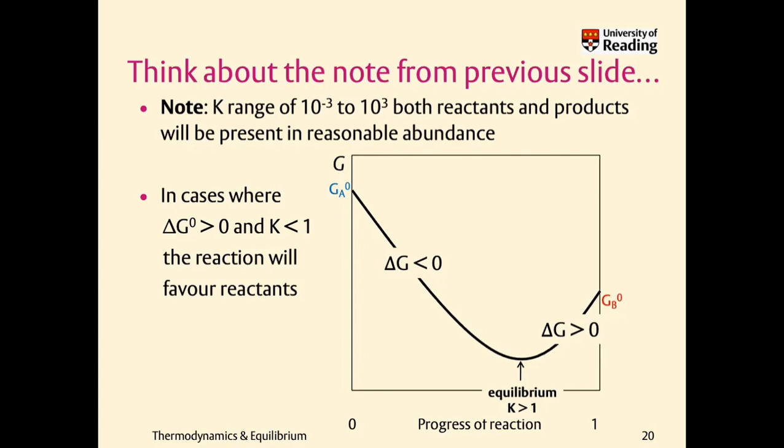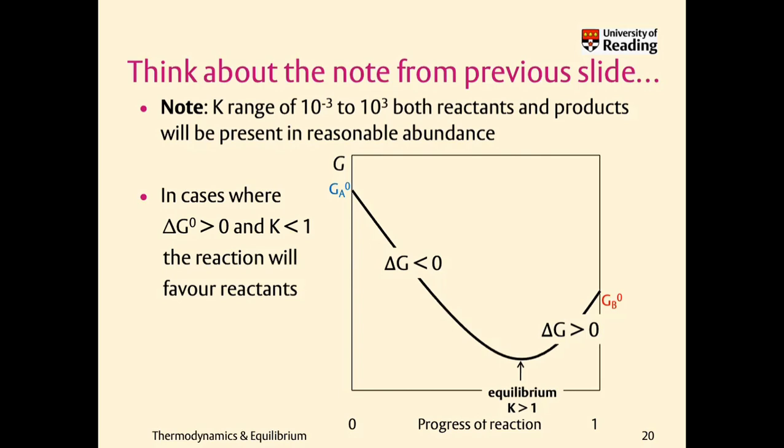First of all, let's look at this system here. In this system, K is greater than 1, and delta G for the overall reaction is negative. You can see that because the free energy of the reactants is higher than the free energy of the products.